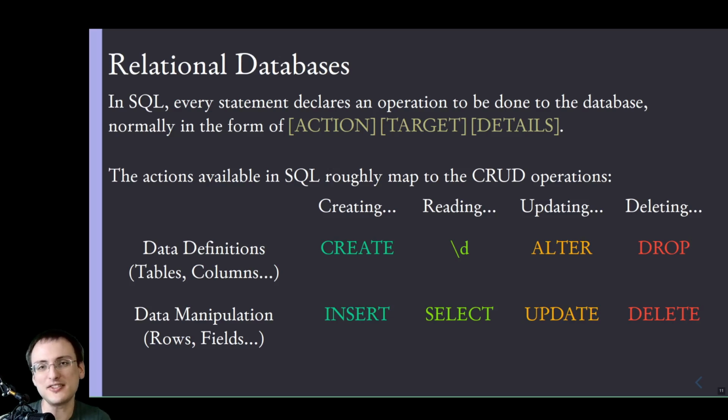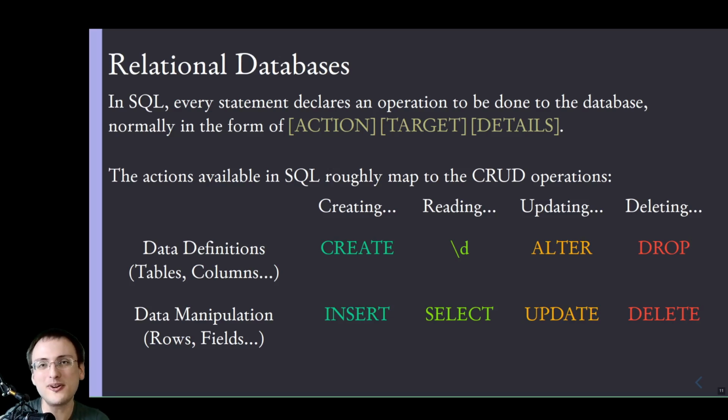and there are 2 sets of these verbs. There's one set that deals with data definitions. This is what we use when we're creating a table or creating a column, changing a column. It's what's called the DDL operations in SQL.